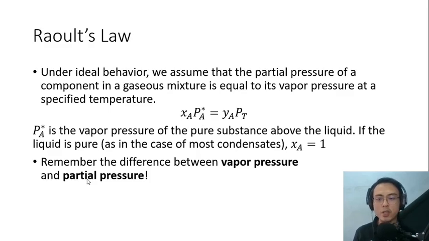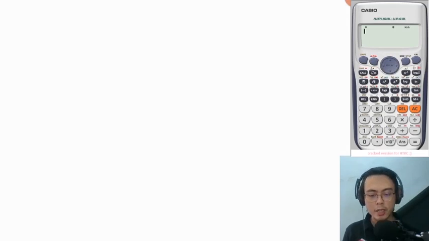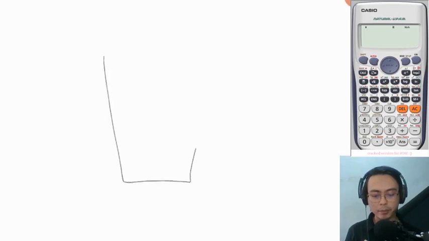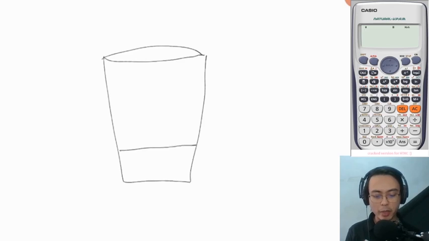Let me first illustrate a scenario to you. Let's have a glass of water, with a little bit of liquid water at the bottom. This liquid water exerts a vapor pressure.